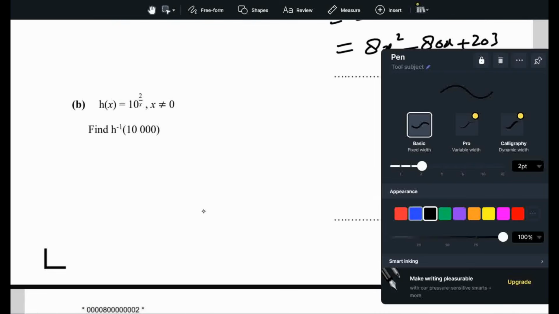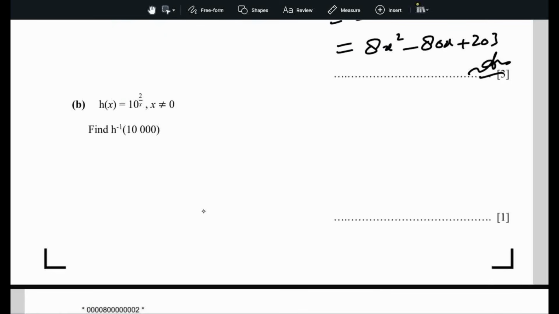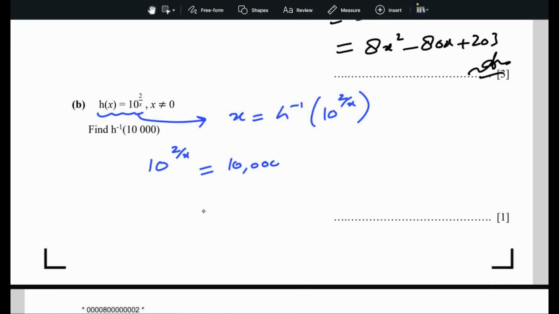Now in the B part, h of x is given and h inverse of x is this. So we know that from here we can write this one as x is equals to h inverse of 10 power 2 by x. Now, if we just compare it, we can write it as 10 power 2 by x is equals to 10,000.